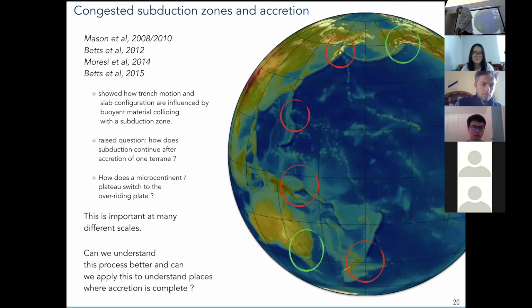So in asking for our funding, we argued that this really is causal. We do expect that the trench motions are associated with anomalous buoyancy, so having a long strike variation in the properties of the subduction zone.